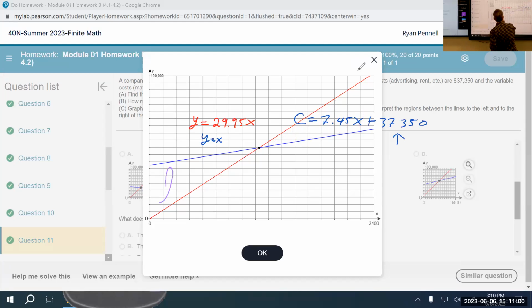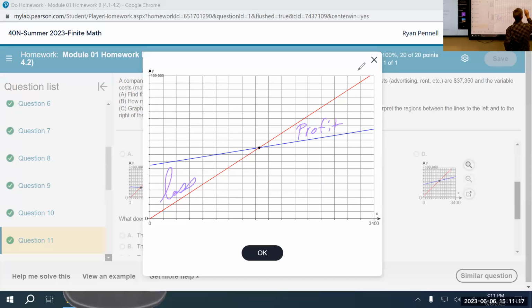So this is my loss. This is my profit. That's the idea. That's just how the numbers work out.